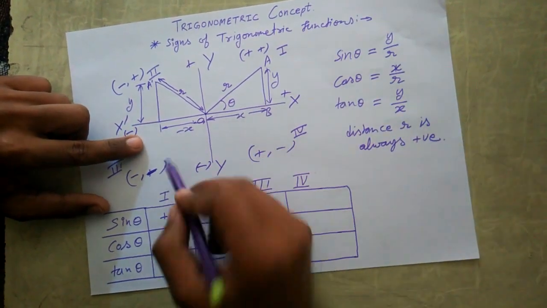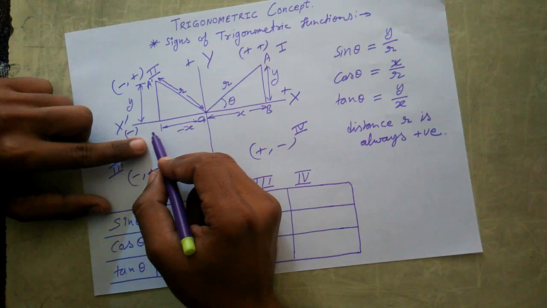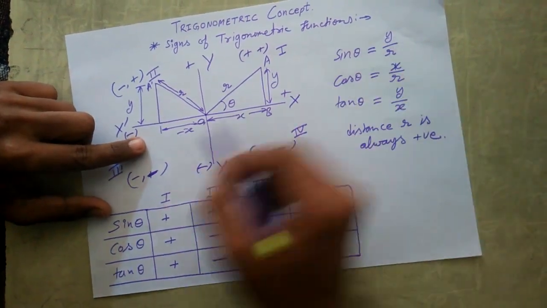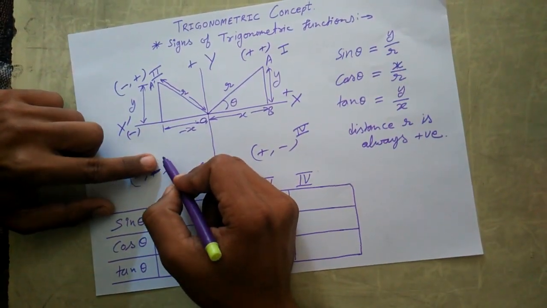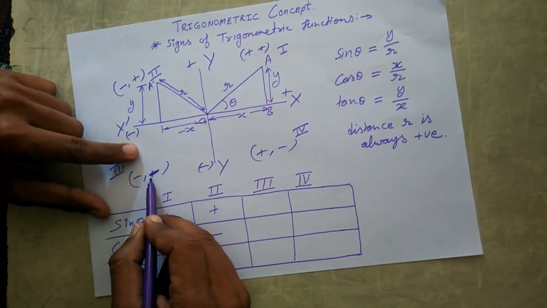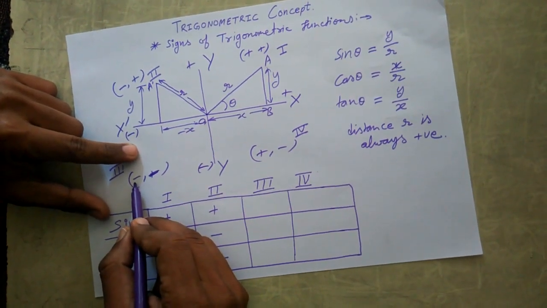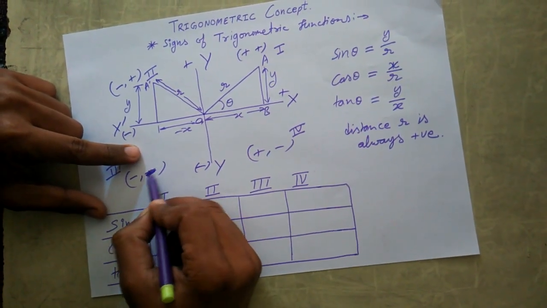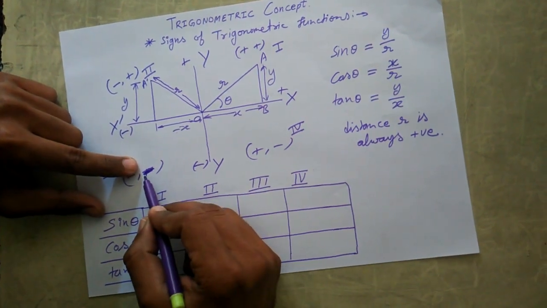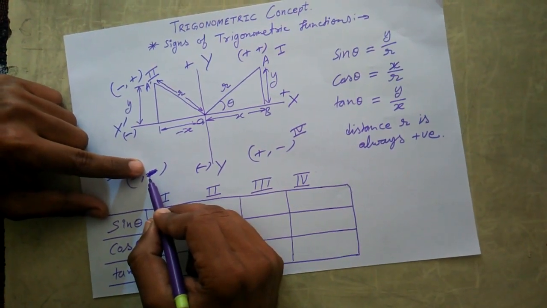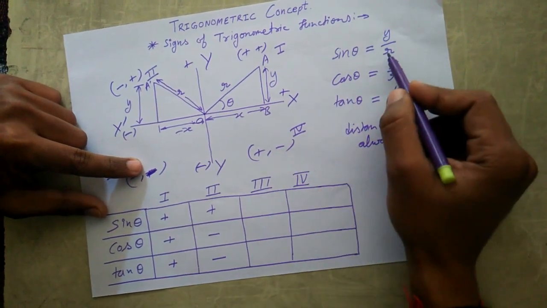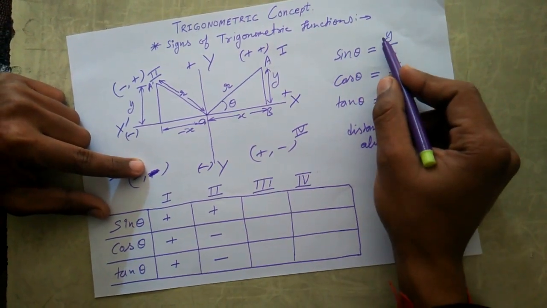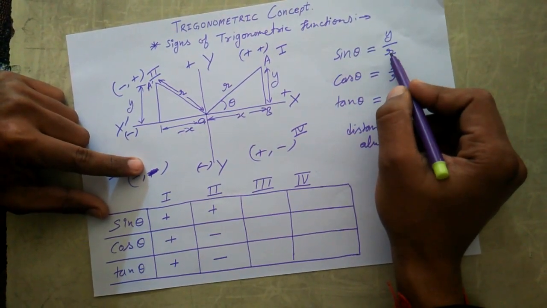Positive or negative? Y is negative. As if we are in this quadrant, by seeing this notation, first is X and second one is Y. So Y here is negative, and R is positive. Negative divided by positive, what will come out? Negative.